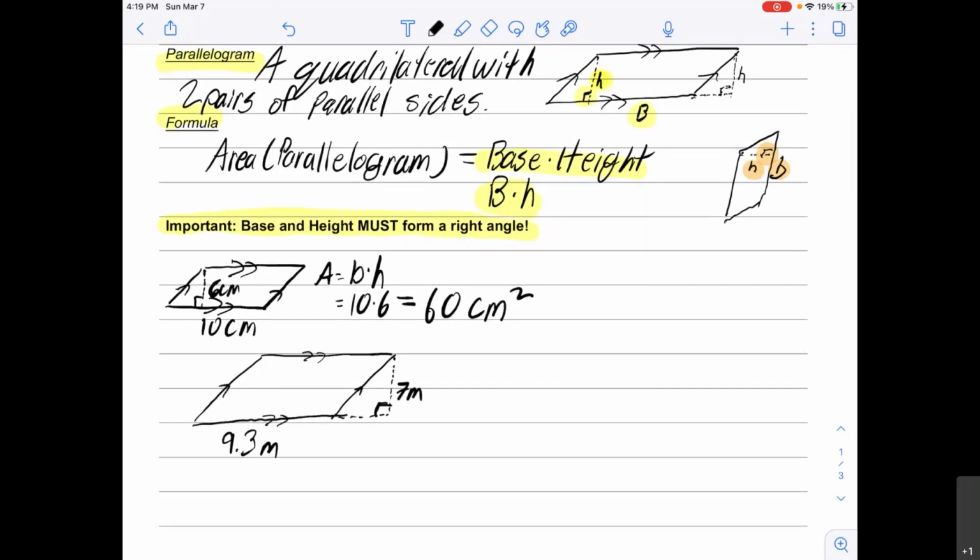This time, again, this dotted line over here and this side length here, those are the ones that form a right angle. So for my area, I would do 7 times 9.3. Doing that on my calculator, I get 65.1 meters squared.